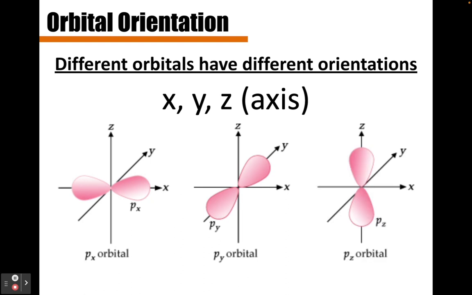And the PZ orbital is along the Z axis. So we can name different orbitals by their orientation, although they are in the same sublevel. So if we're in energy level number 2, then we'll have a P sublevel, and within that P sublevel, we have 3 different P orbitals that differ by their orientation in space.